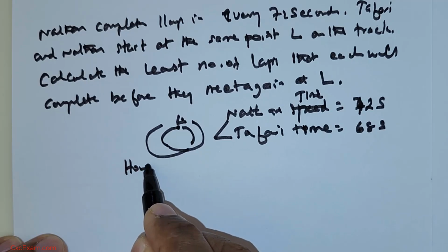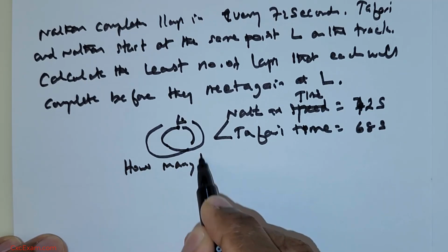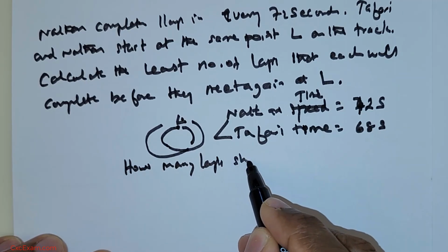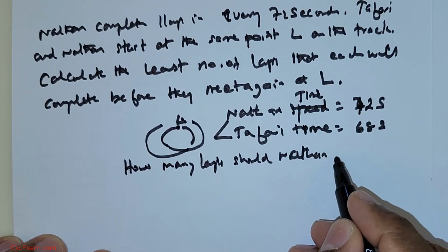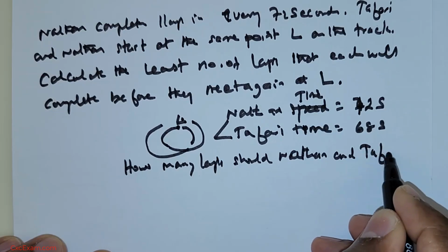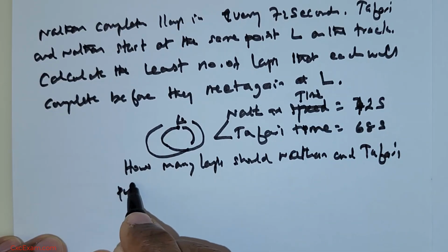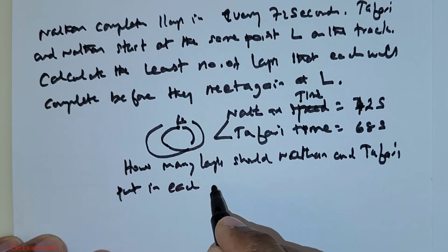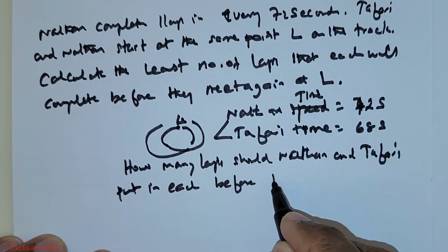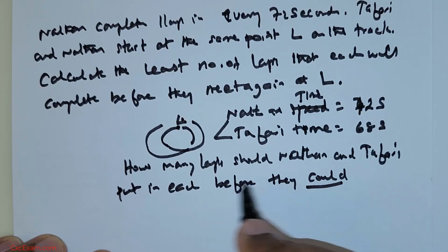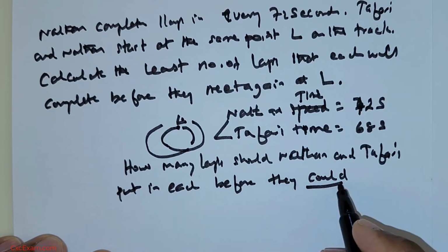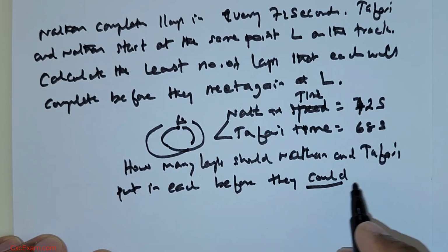The question wants us to find how many laps should Nathan and Tafari put in each before they could meet. Could is the right word, because these number of laps only facilitate them coming together.